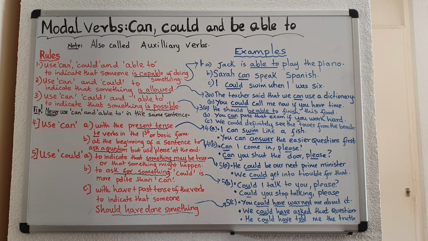When you're trying to explain to somebody that something is allowed, you can use can and could. Look at example 2a. The teacher said that we can use a dictionary.